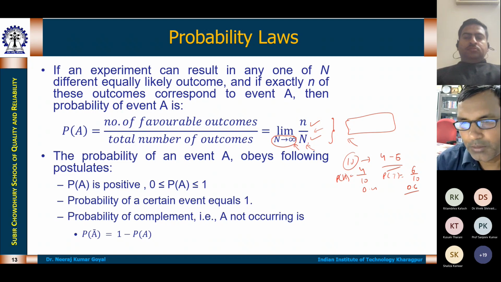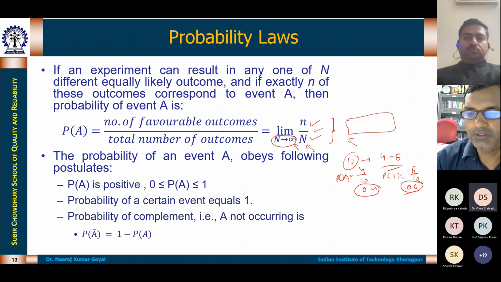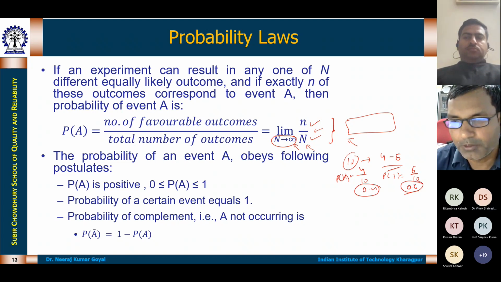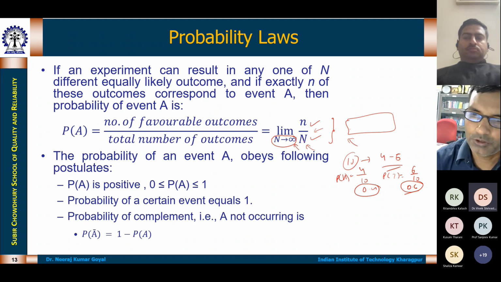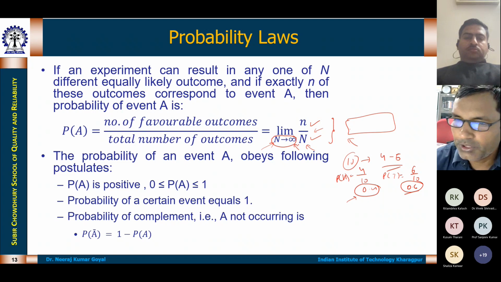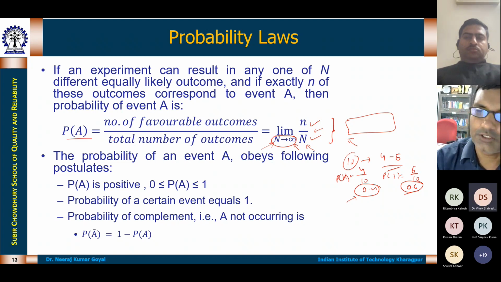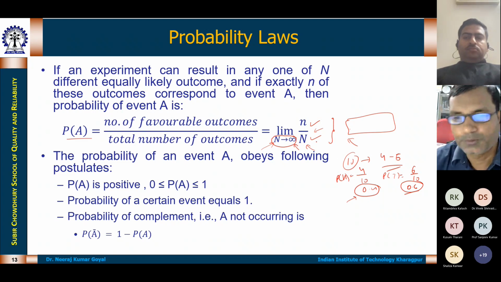So when my number of samples are small, even if the coin is unbiased, I may have a probability which is wrongly estimated compared to the true probability. Therefore, I have to take large samples. I have to do it for 100 times, 1000 times. Then my probability estimate of the event will reach the true value, right?